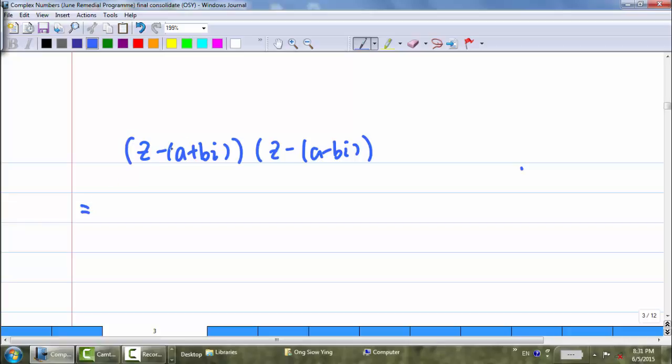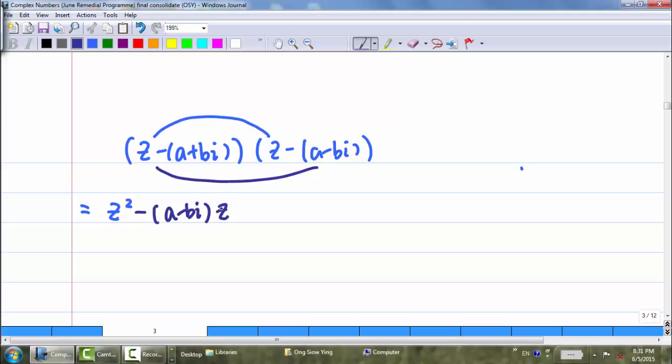Well, using ordinary expansion, z multiplied by z gives z squared. Then z multiplied by this gives minus a minus bi times z. After that, you expand this out and get minus a plus bi times z. Finally, these two you multiply together: minus times minus is plus, a plus bi multiplied by a minus bi.